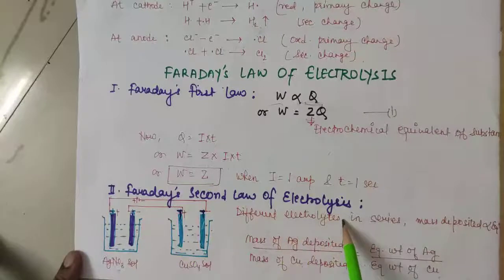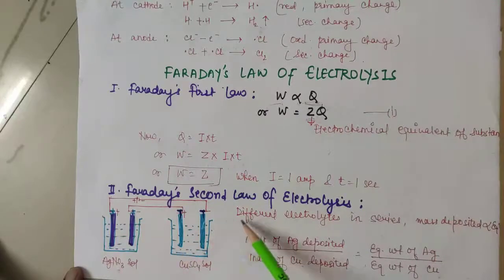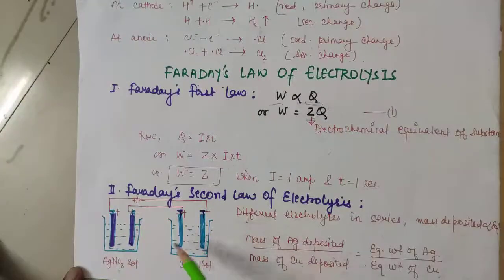Faraday's second law of electrolysis. Taking the example of silver nitrate solution and copper sulfate solution, we can take more electrolytes also. If we take different electrochemical cells containing different electrolytes and connect them in series, then the mass of any substance deposited at the electrode will be directly proportional to its equivalent weight.